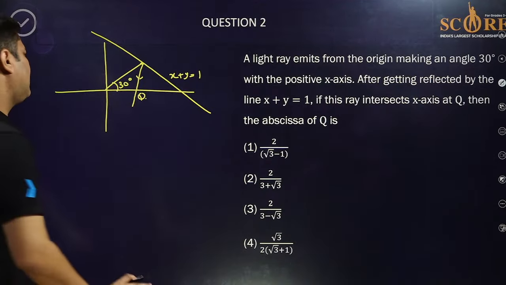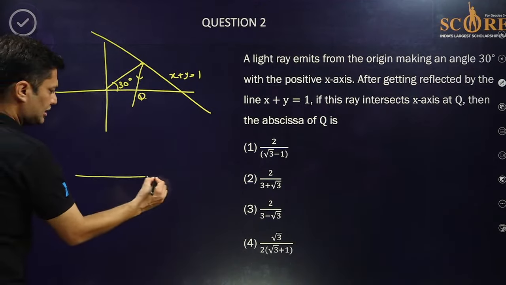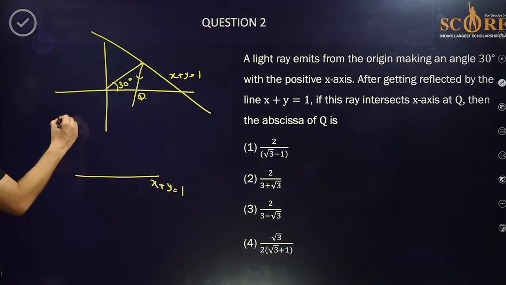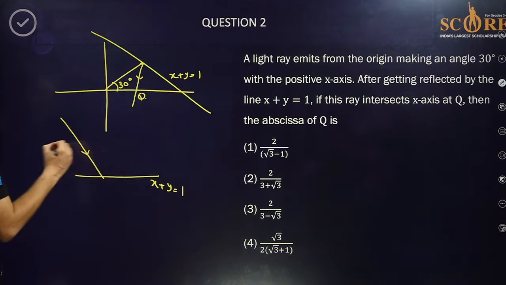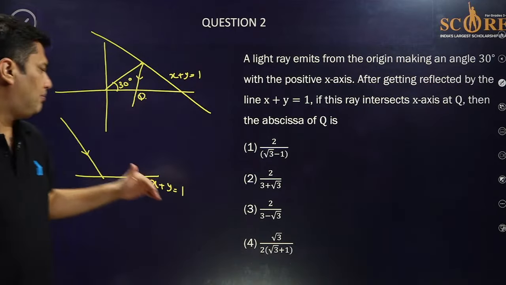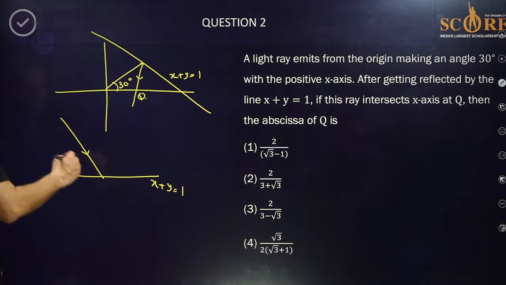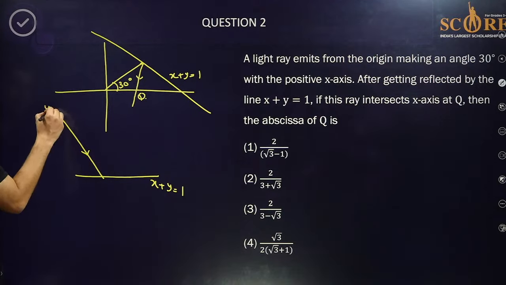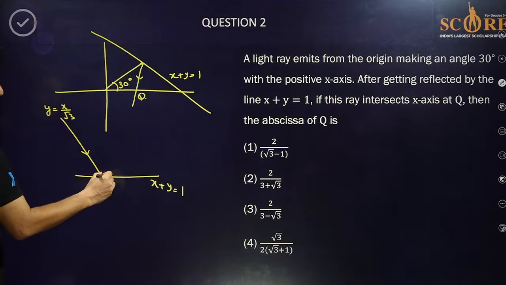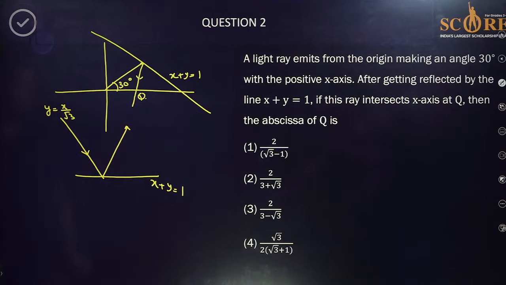Let me draw a normal diagram, like this is the plane, x plus y is equal to 1. This is the incident ray passing through the origin and making 30 degree, so this line is y is equal to x by root 3, and this is the ray after reflection.